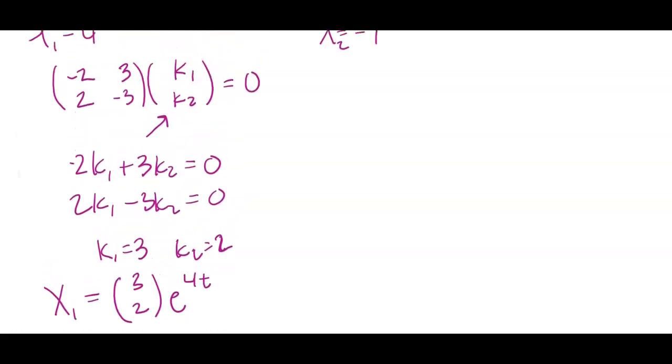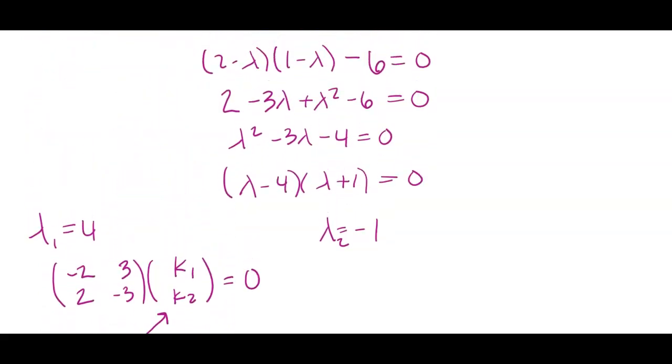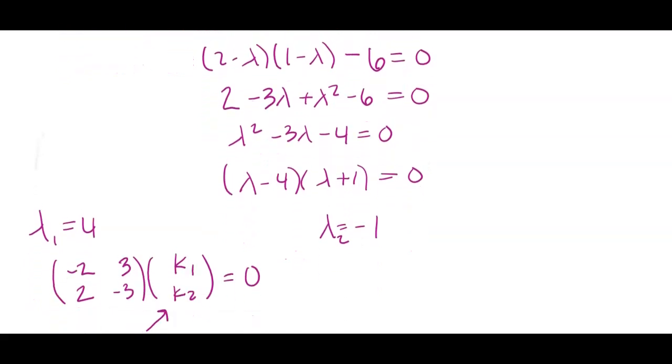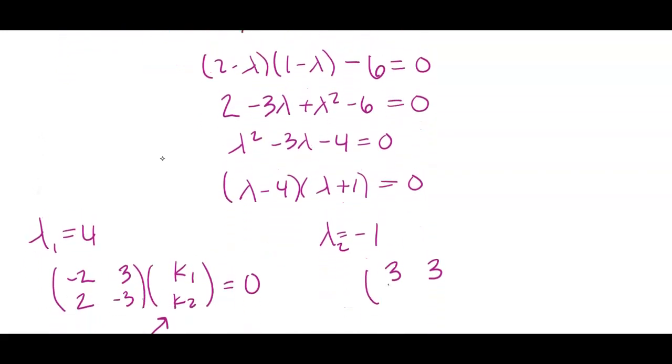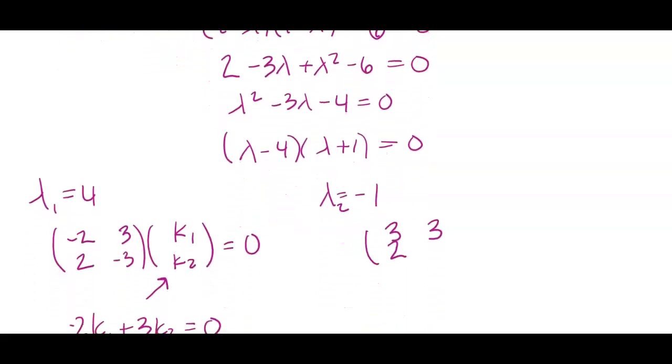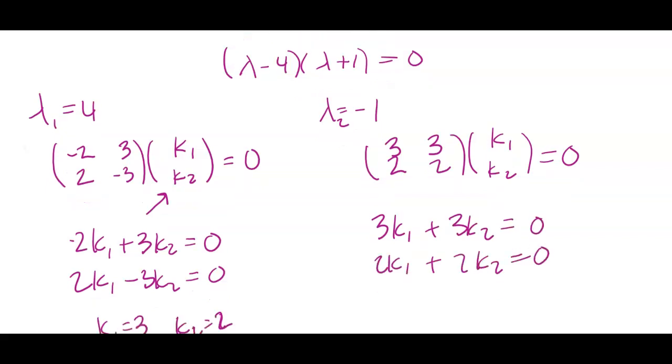Let's do that same process for our eigenvalue of negative 1. I have 2 minus negative 1, so 3, 3, 2, and then 1 minus negative 1, 2, times k1, k2 equals 0. So 3 k1 plus 3 k2 is 0, and 2 k1 plus 2 k2 equals 0.